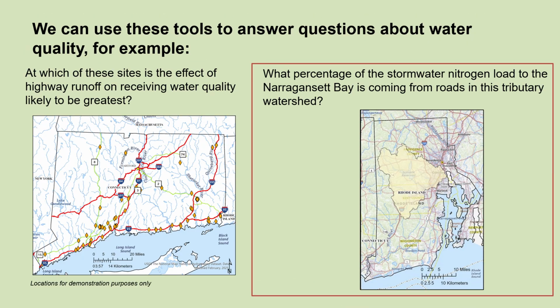So with that, based on those rankings, we can move towards understanding which sites might be most susceptible to these highway runoff water quality effects.